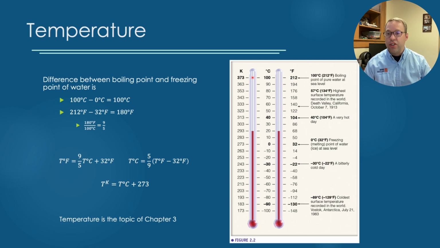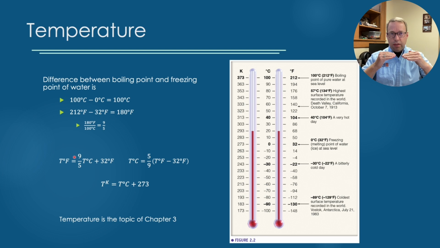So if we take that ratio of 180 degrees over 100, that gives us a ratio of 9/5. Now, if you've done temperature conversions in the past, then this should look very familiar. In fact, here's the conversion right here. If you're given a temperature in Celsius, you can multiply it by 9/5, and that will convert it to Fahrenheit, with one problem.